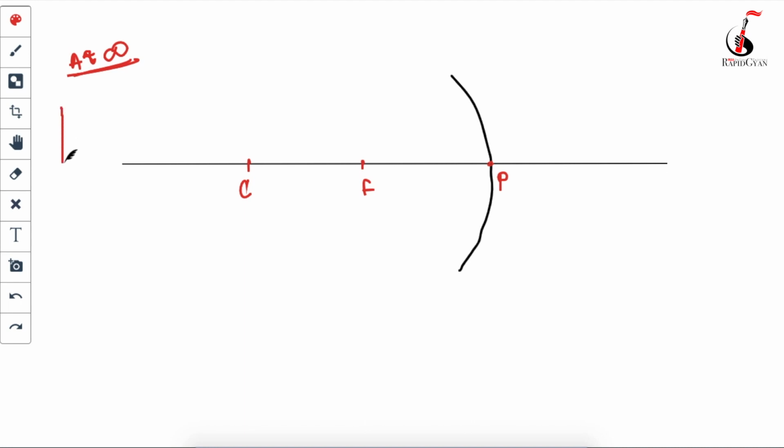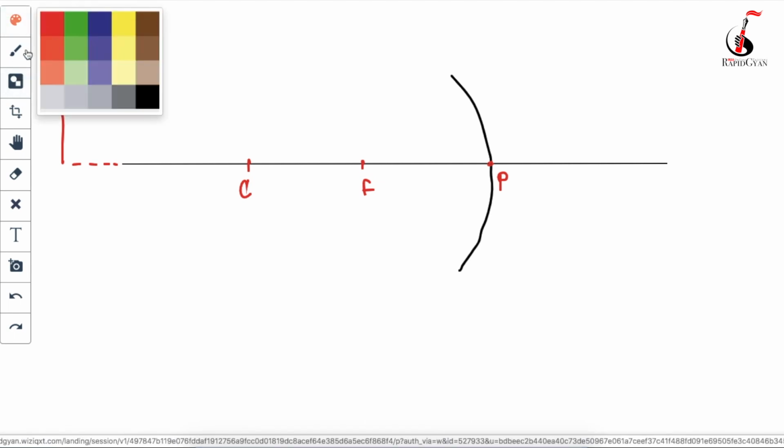Somewhere in the infinity. One thing we will have to assume, that all the light rays coming from infinity will always be parallel to your principal axis. Remember this.